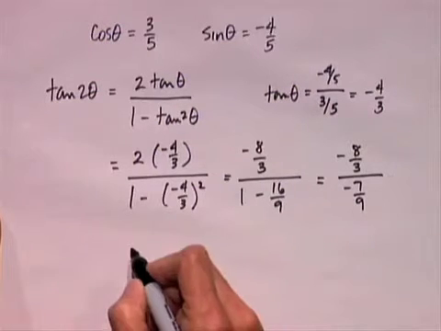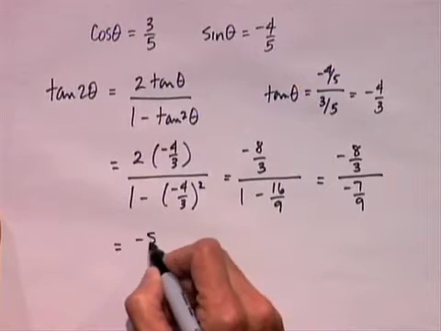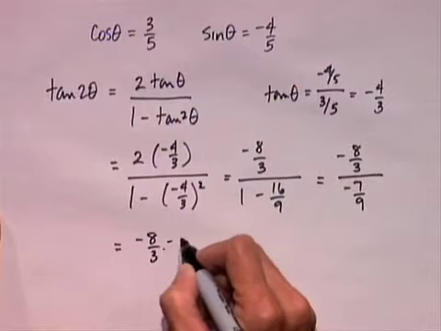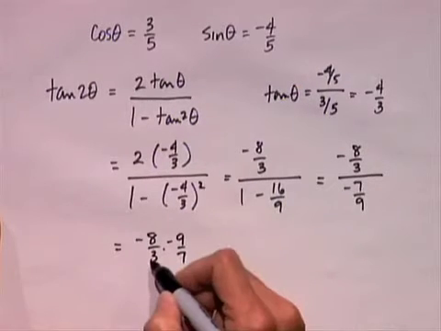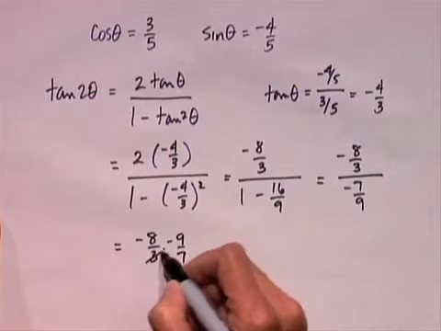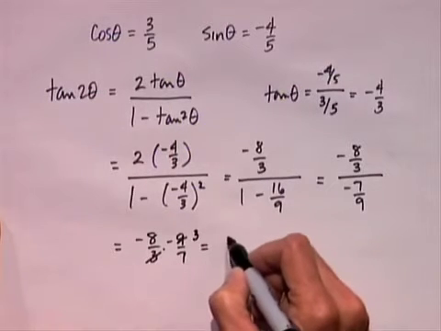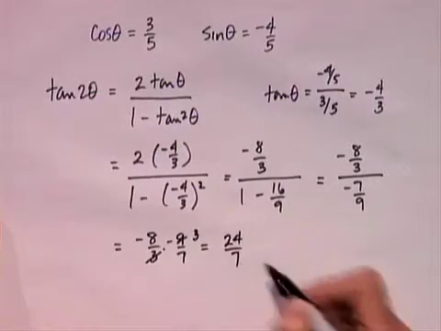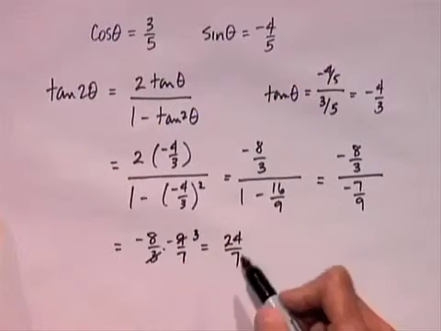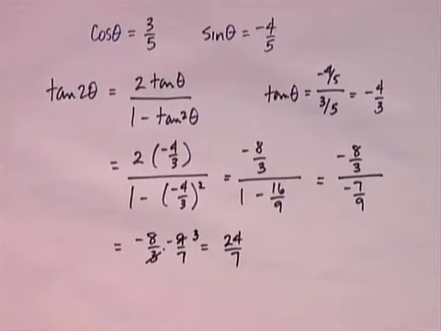If I multiply by the reciprocal, I need to find negative 8/3 times negative 9/7. I can simplify a factor of 3, and this is 24/7. So the tangent of 2 theta is 24/7.